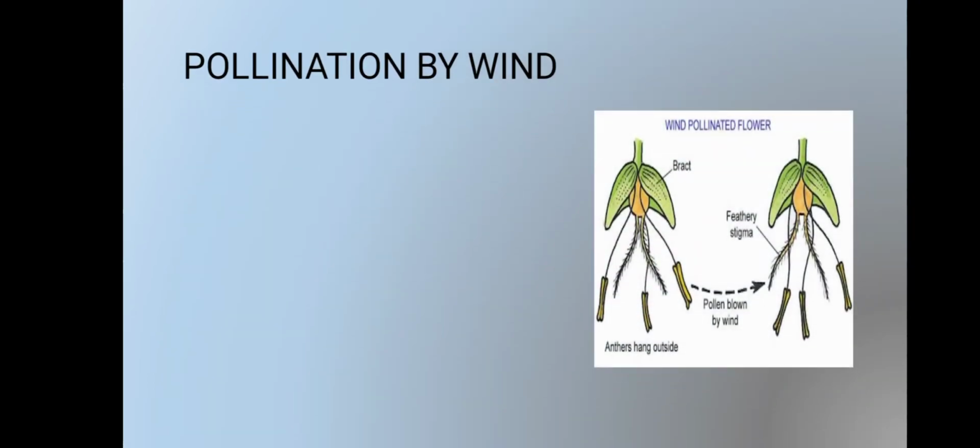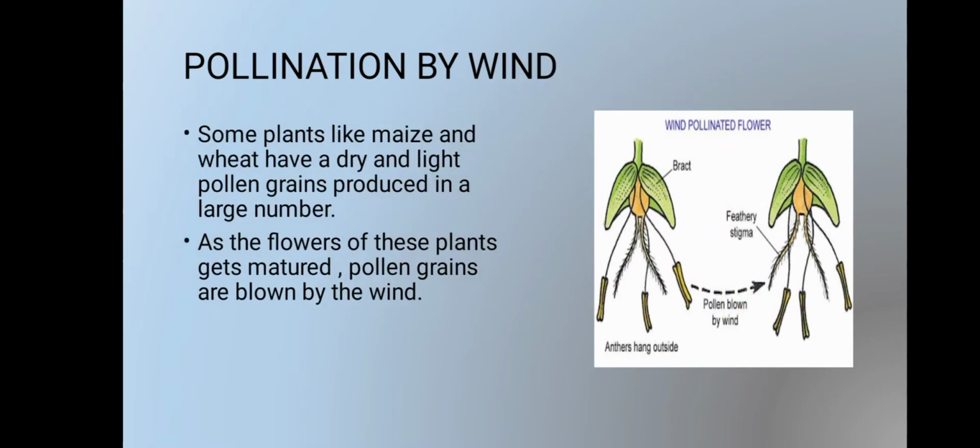So, how does pollination take place by wind? Let us understand that. Some plants like maize and wheat have dry and light pollen grains produced in a large number.